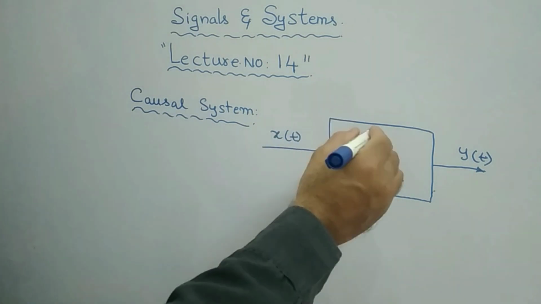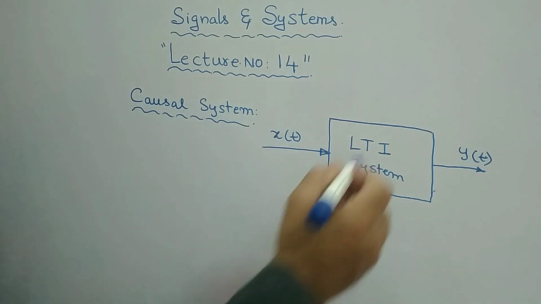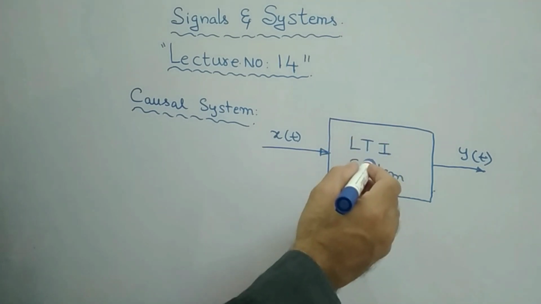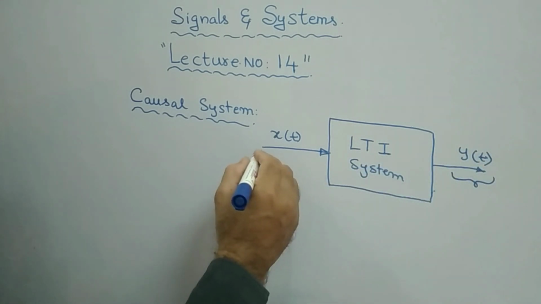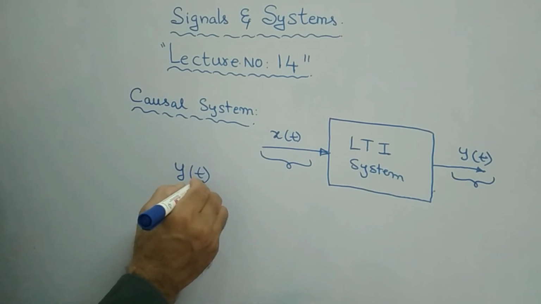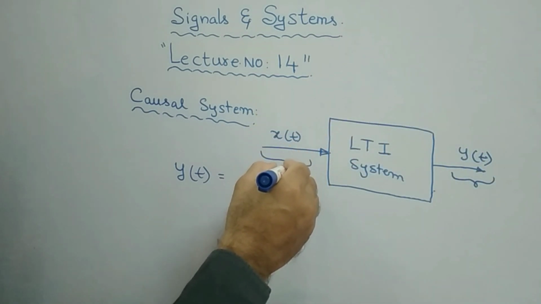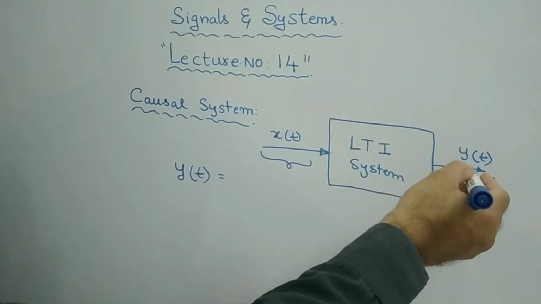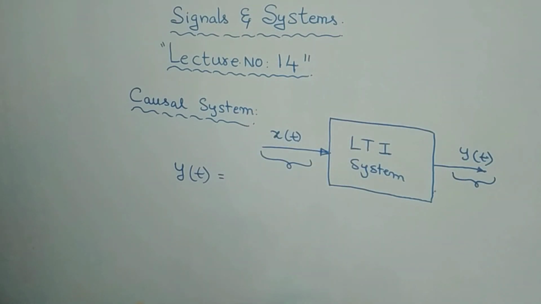If this linear time invariant system is said to be a causal system, then the output y of t must depend on the present input as well as past input and past output values, not the future input or future output values. That is the definition of a causal system.